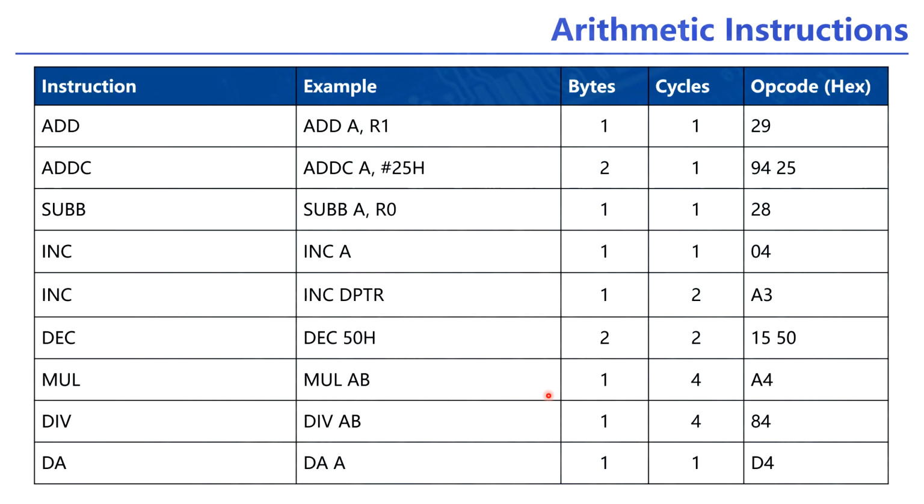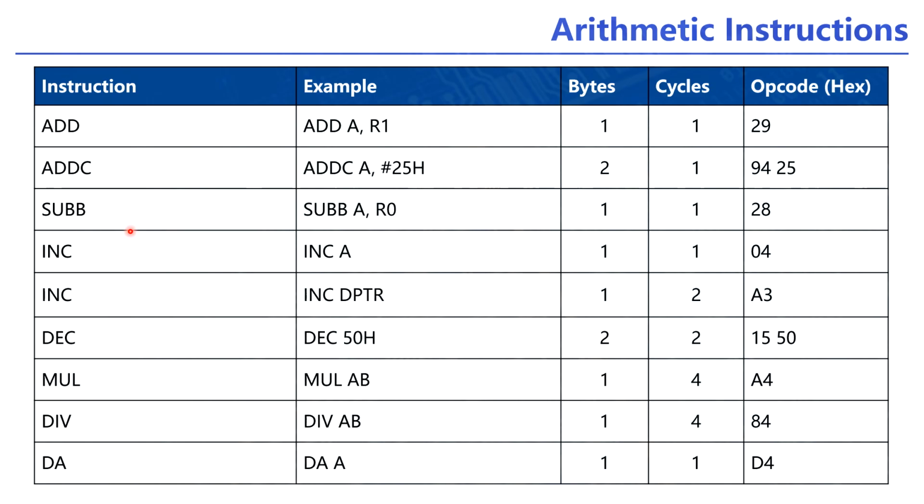Now, we will see each instruction one by one. First of all, the arithmetic instructions are given in this column. Addition ADD, addition with carry ADDC, subtraction SUBB, subtraction with borrow.